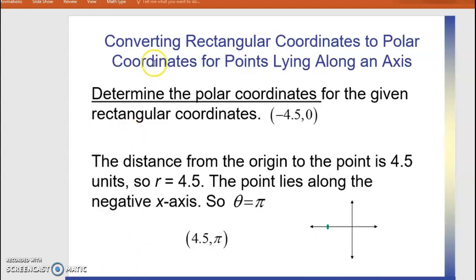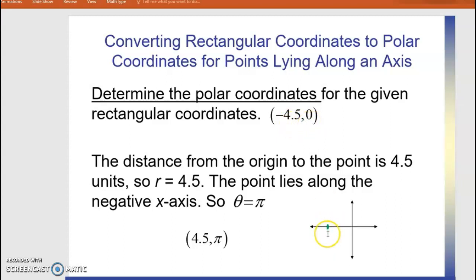Moving forward with converting rectangular coordinates to polar coordinates, and we will start with points lying along an axis, so a point on an axis. Determine the polar coordinates for the given rectangular coordinates. The point that is given to us has an x value of negative 4 and 5/10 and a y value of 0.